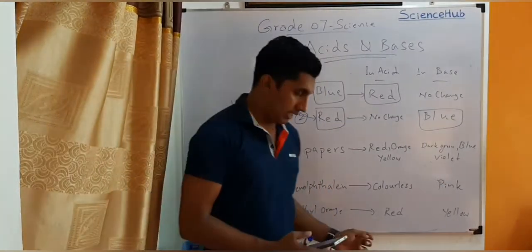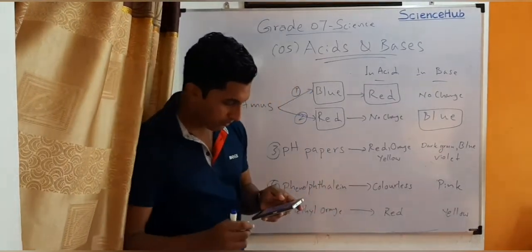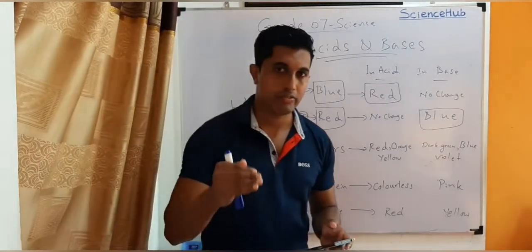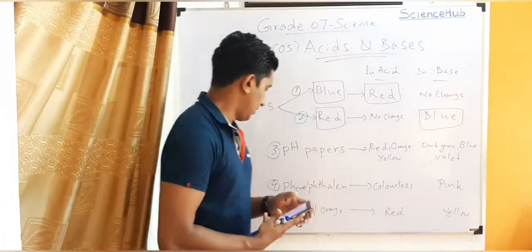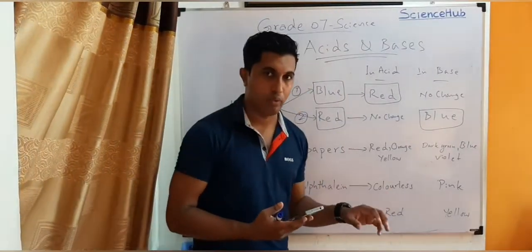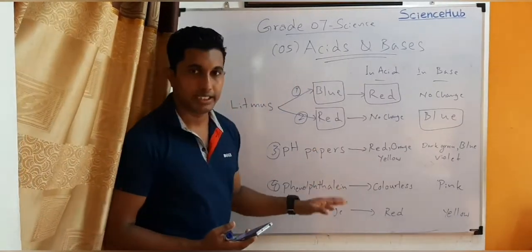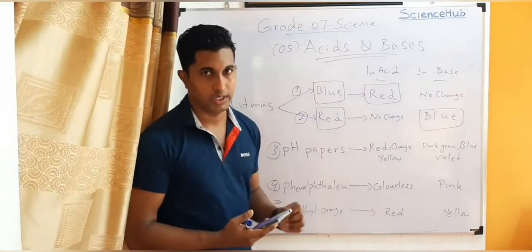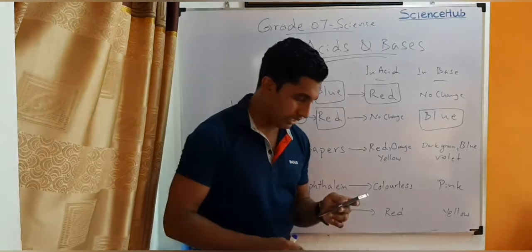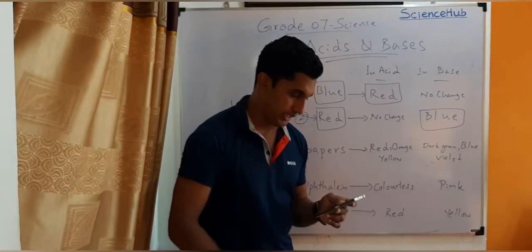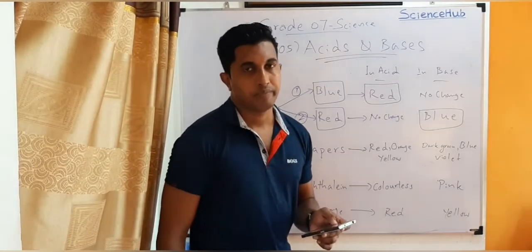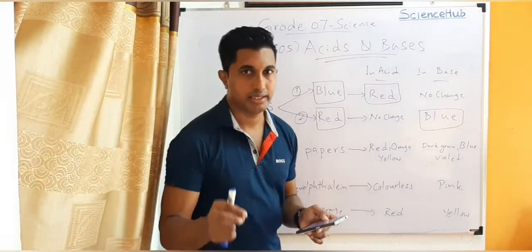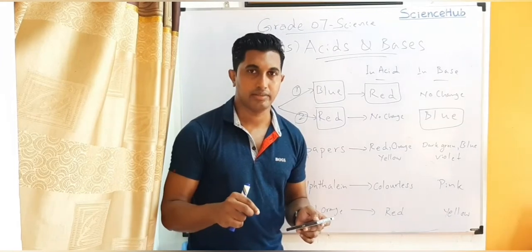And the last one is methyl orange. Methyl orange is a kind of yellow powder. Phenolphthalein is a white powder, and methyl orange is a yellow powder. This powder is dissolved in water, and the solution is yellow in color.